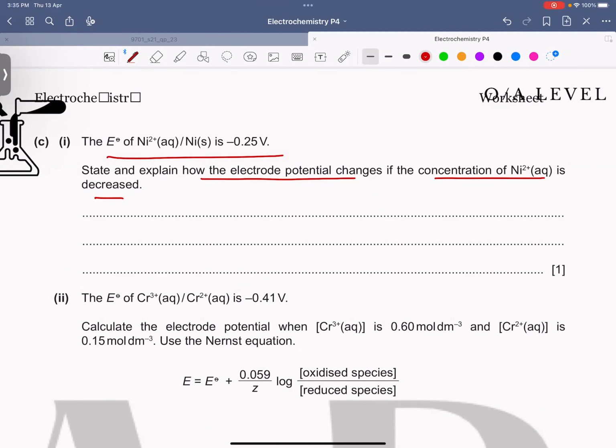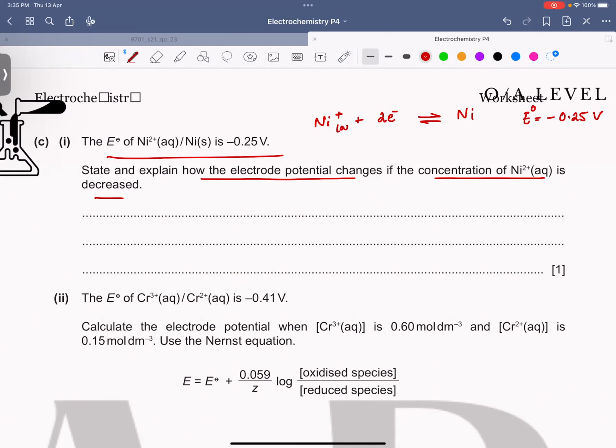Okay. So if I write the equation, as we know, the equation must be in the reduction form and its value is minus 0.25 volt, right?